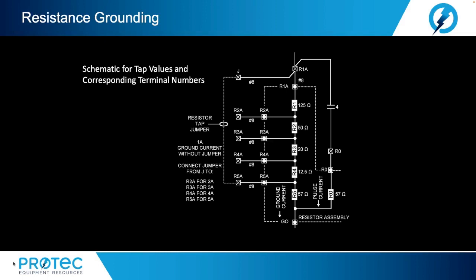Note, the ground return current allowed on the system should be higher than the charging current of the system. In other words, the grounding resistor value to be chosen should be lower than the capacitive coupling to ground.